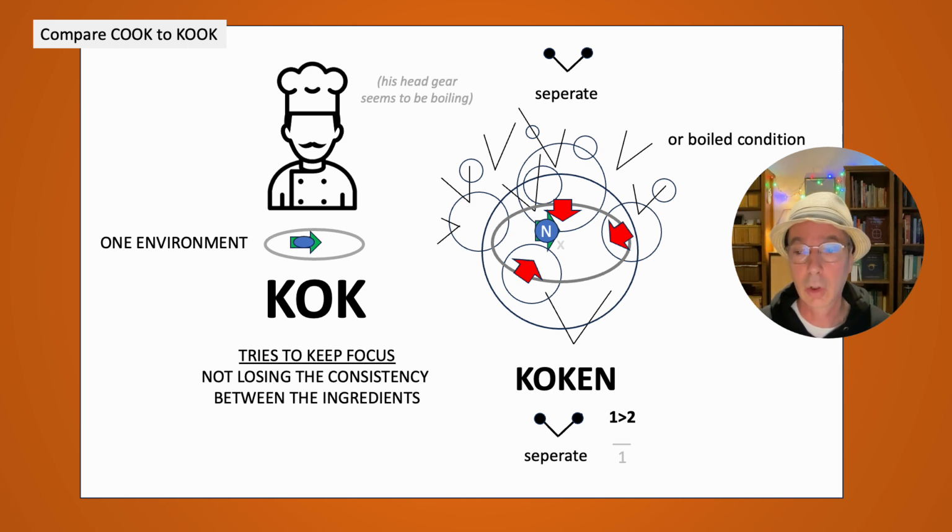No, the kok or the kook tries to keep its focus in one environment, in one focus, and then it emphasizes again the starting point of the K. I try to keep my focus together so that I want to have it hanging together, and I focus on this one environment so that I get a good result.